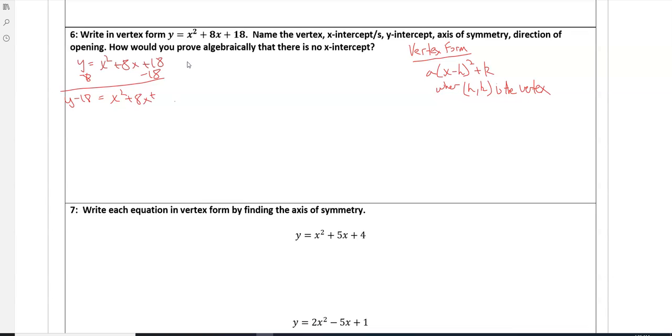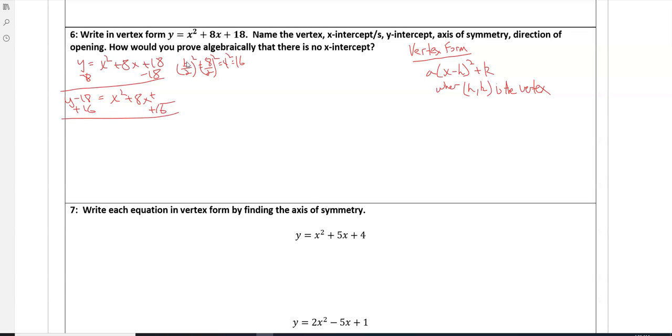And then what number is missing right there to complete my square? So I need to do chopped in half and squared. B over 2 squared, which is 8 over 2 squared, which is 4 squared, 16. So I'm going to do plus 16 to both sides.